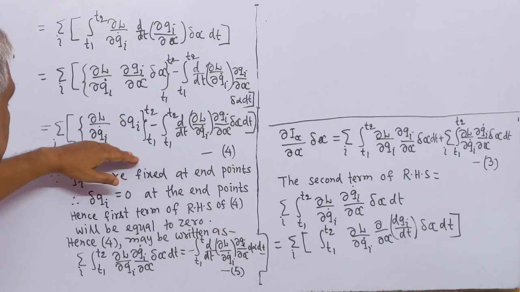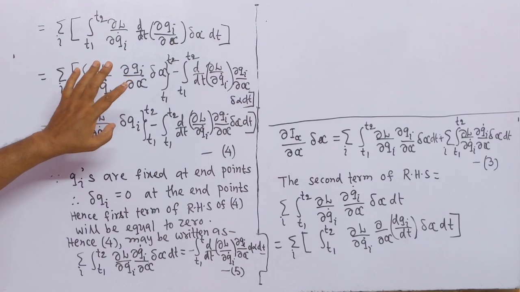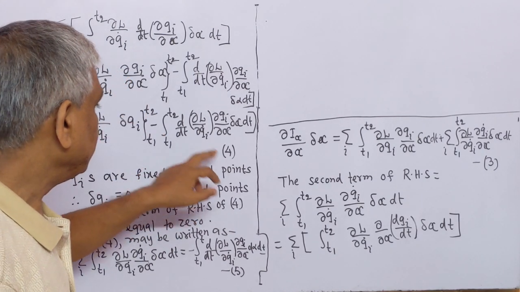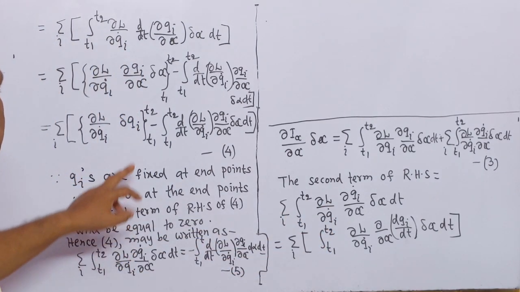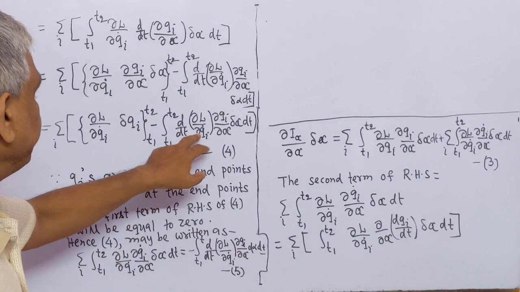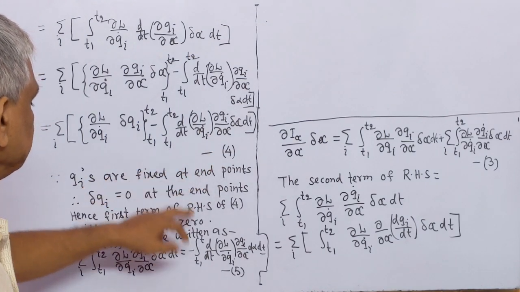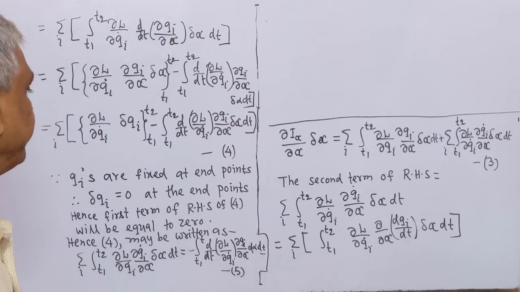Therefore the first term will be 0. Hence 4 may be written with the left side and the right side being the second term of 4. This is number 5.